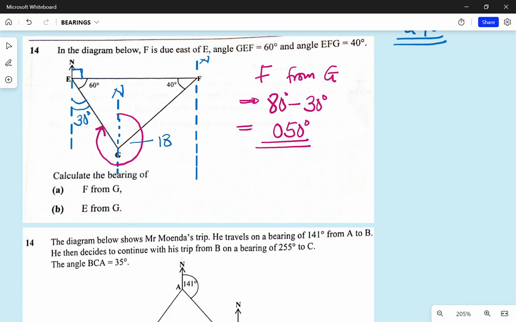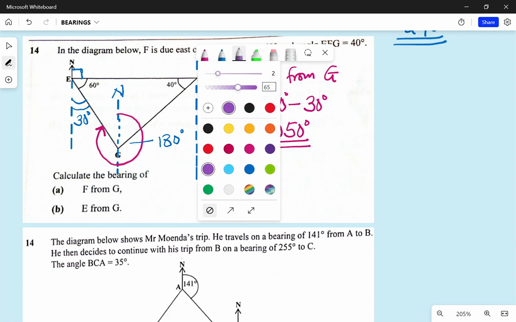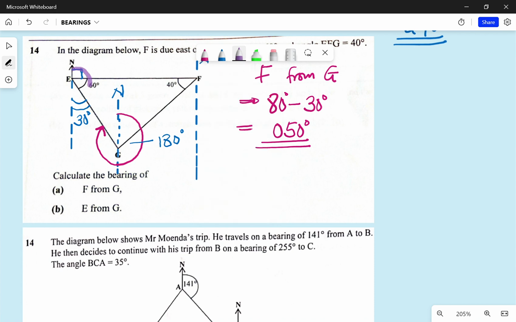Now, what is this angle here? You discover that this angle here is an alternate angle of that angle there. These are alternate angles.